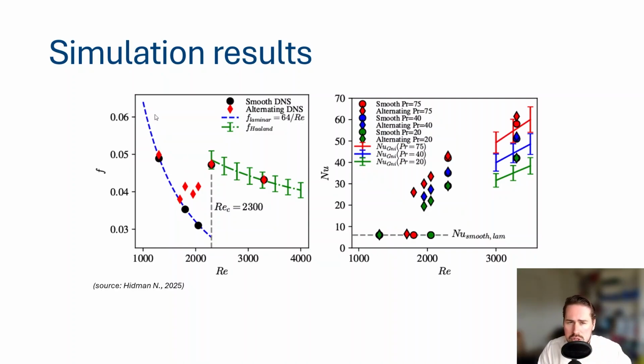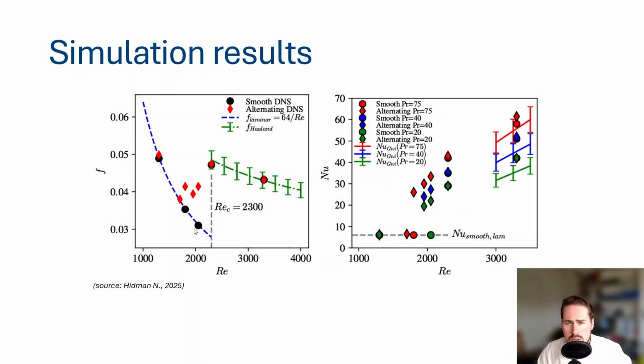For the laminar regime, we have this analytical solution, this blue line, which decreases with increasing flow rate, with increasing Reynolds number. And after 2,300, there is a jump towards the turbulent friction factor. And as you can see, the friction factor for the turbulent flow is almost always higher than for the laminar flow, which is what we know.